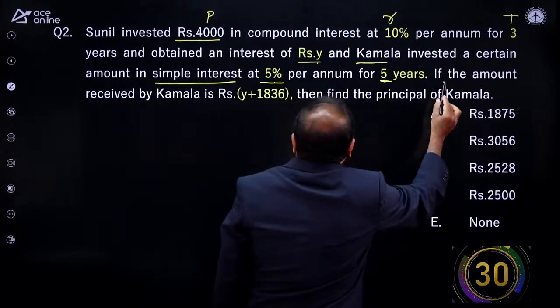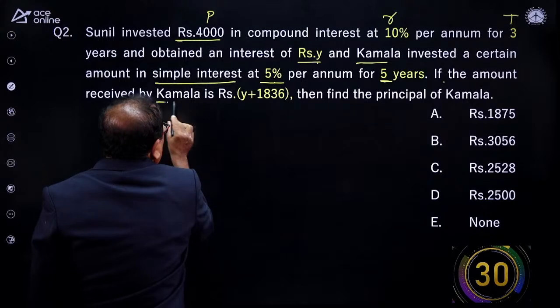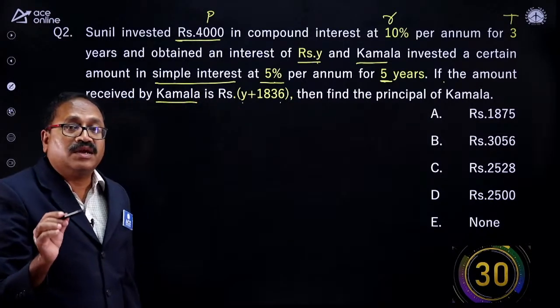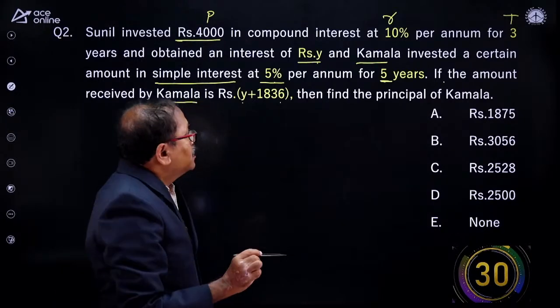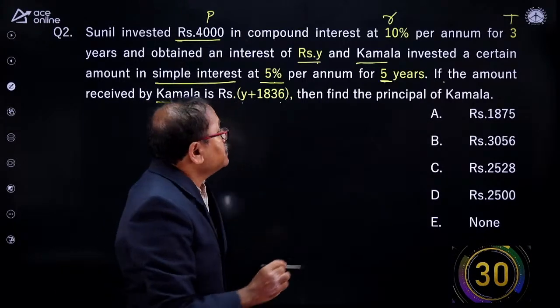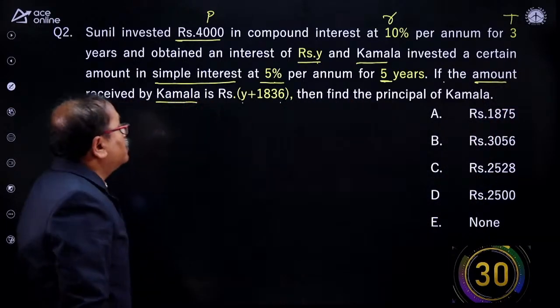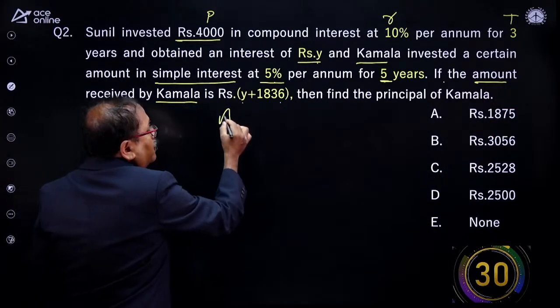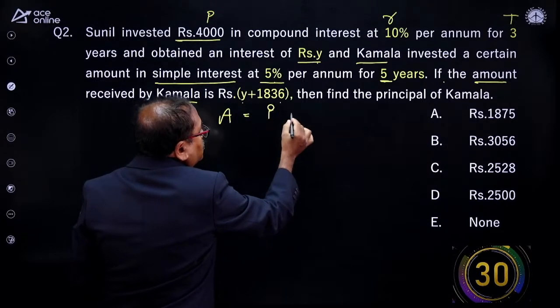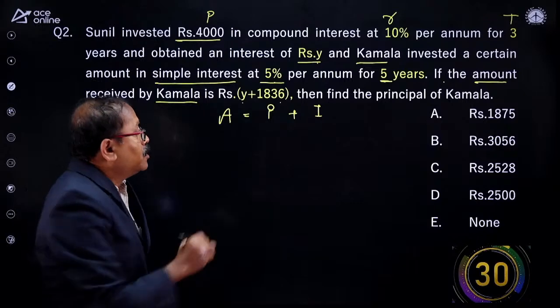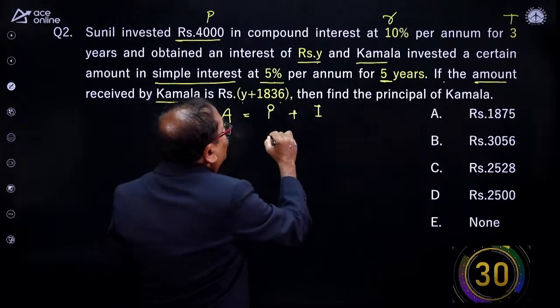If the amount received by Kamal is rupees Y plus 1,836, then what is the principal? The amount received: we know that the amount is equal to principal plus interest. What is the principal here?